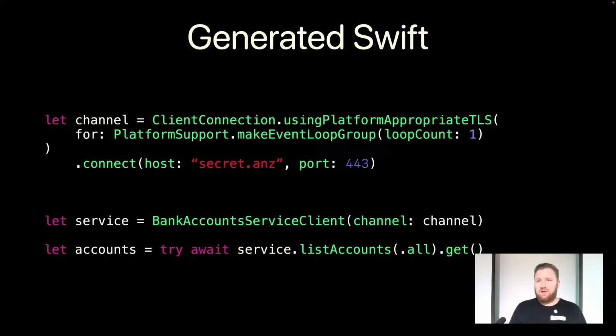Once you've created that channel, you create your bank accounts client, which was the generated SDK code. You pass in the channel so it knows how to do the communications back and forth. And then you just use async await on the contents like you normally would. You can also wrap it up into a Combine publisher if you're not at the async await adoption stage yet. Otherwise, there are also completion handlers that you can use as well.